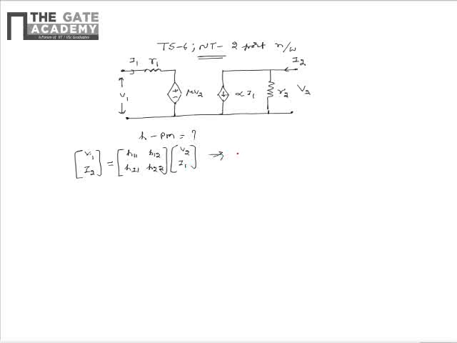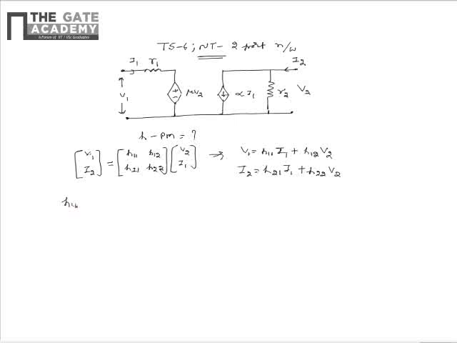From this we can write the H parameter equations as V1 is equal to H11 I1 plus H12 V2, I2 is equal to H21 I1 plus H22 V2.